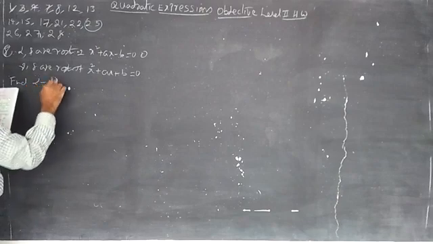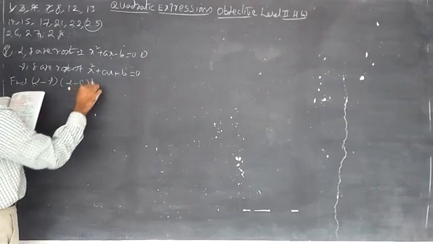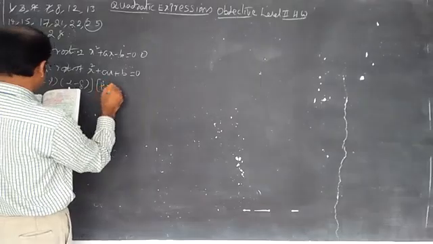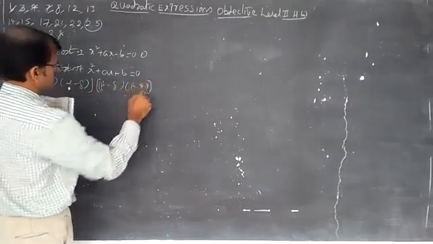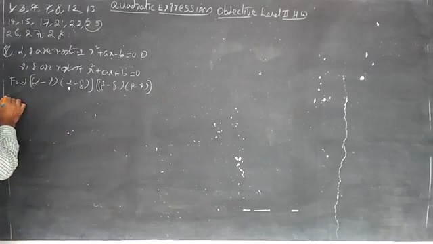alpha minus gamma into alpha minus delta, in the bracket put like this, and beta minus delta into beta minus gamma. Alpha minus gamma into alpha minus delta into beta minus delta into beta minus gamma.